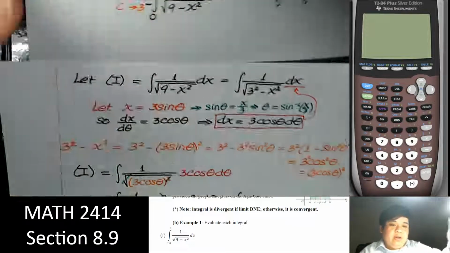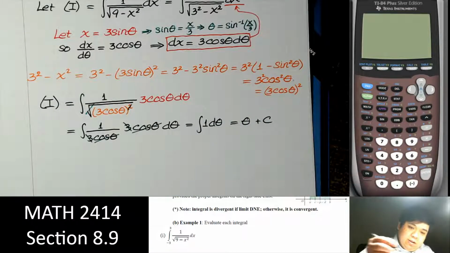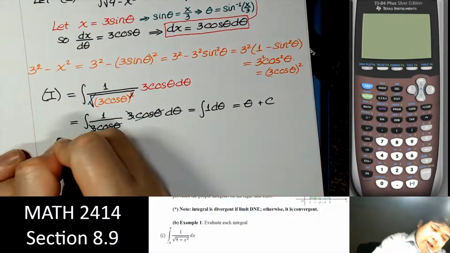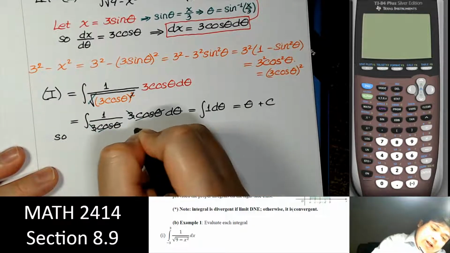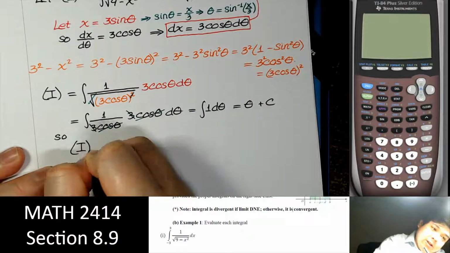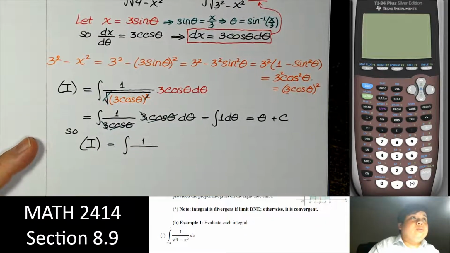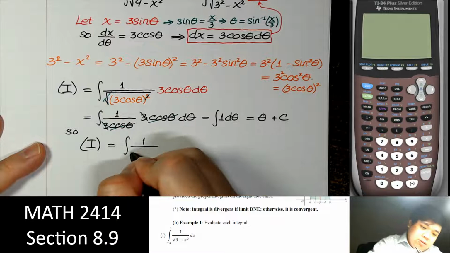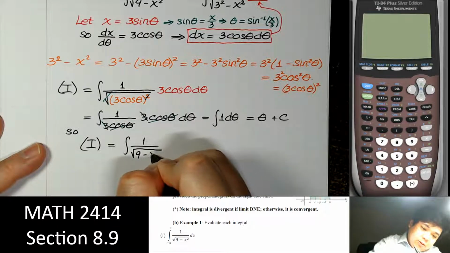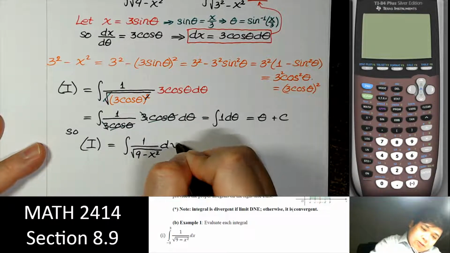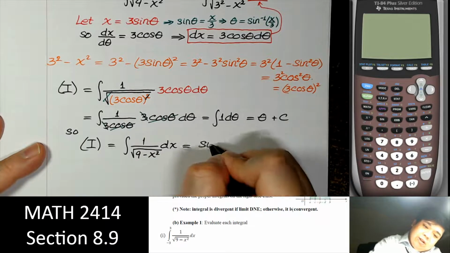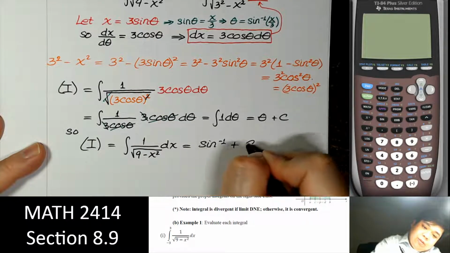So the integral I is equal to sine inverse of x over 3 plus c.